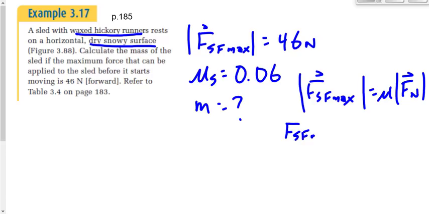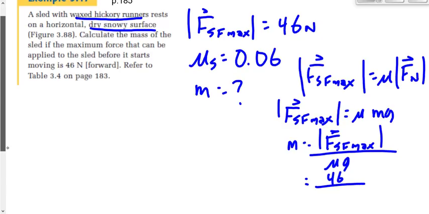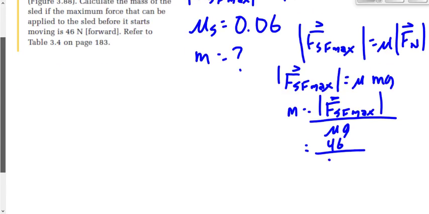What do we say Fn equals, at least for now? Yeah, it's gravity, right? M times G. Or you could say M times A if you recognize that A is 9.81. So what do we got here? 46 divided by 0.06 times 9.81.